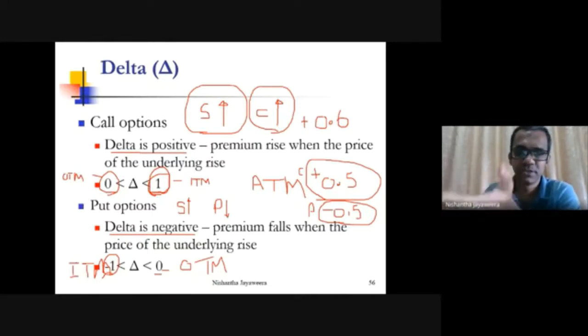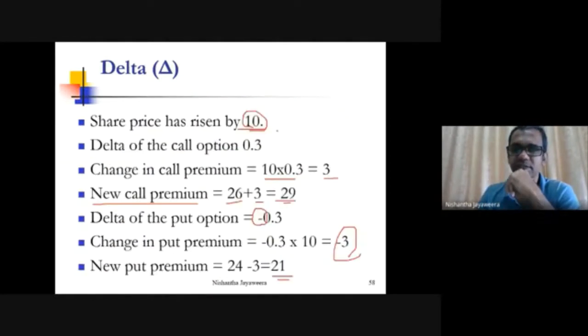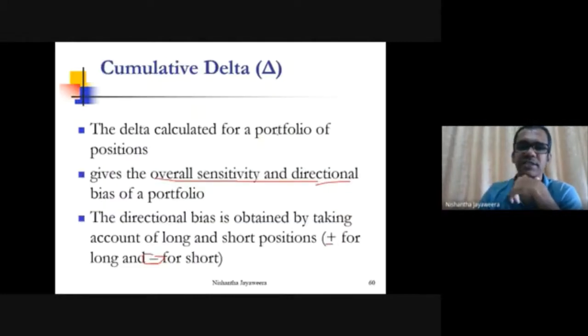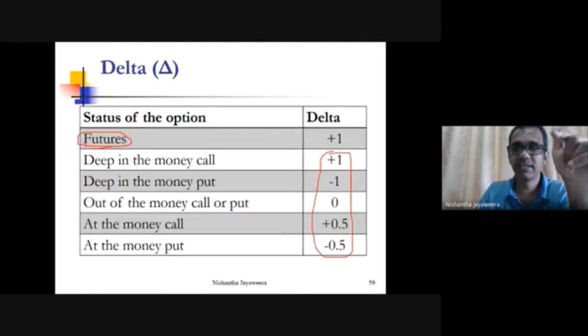That means you get a negative impact. So the sign changes. That's why here we use this directional bias. For long positions we use plus, for short positions we use minus, in front of delta.